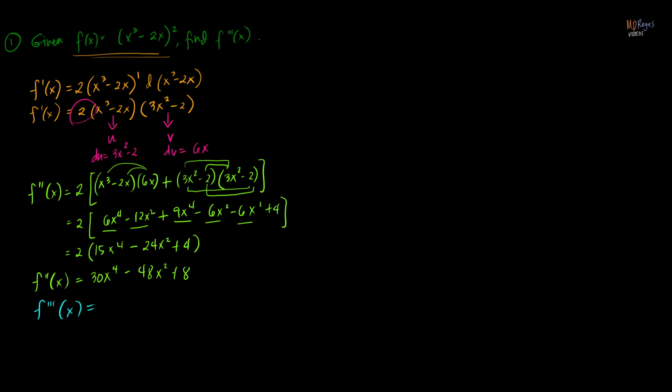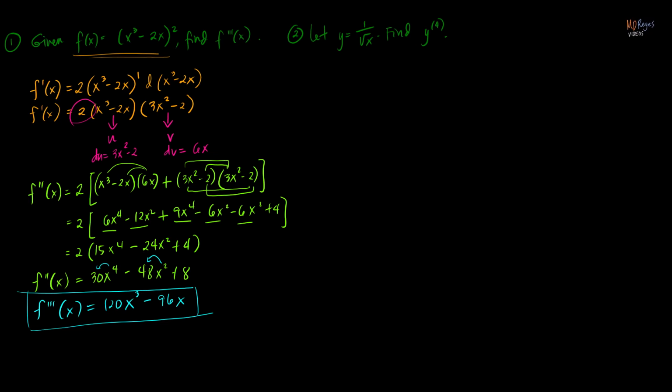Okay, for each of the terms, the derivative of 30x to the 4th is, so 4 multiplied by 30 is 120x raised to 3, minus 2 times 48 is 96x, plus the derivative of 8. So this is simplified, and this is the third derivative of f of x.